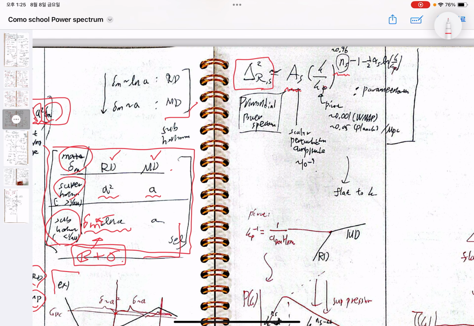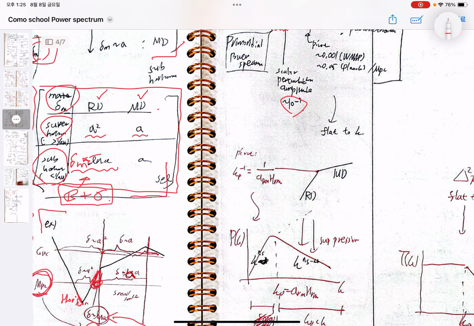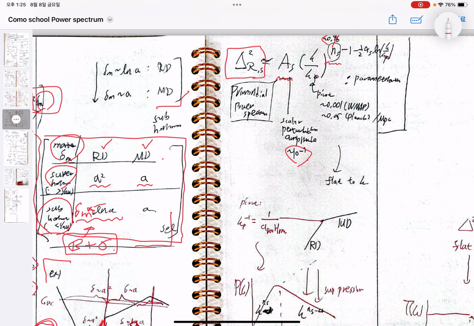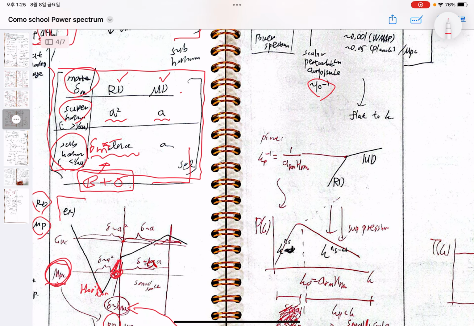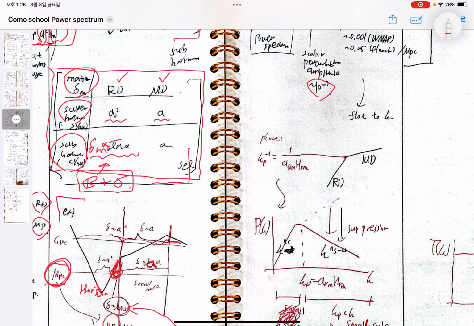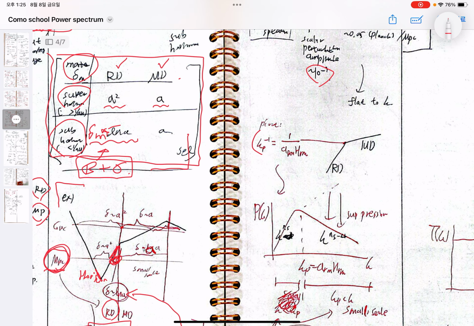A_S is of order 10 to the minus 9 and n_S is 0.96, and that pivot value is the radiation-matter equality, the critical value when some specific scale, k_p, crosses the radiation and matter-dominant equality.